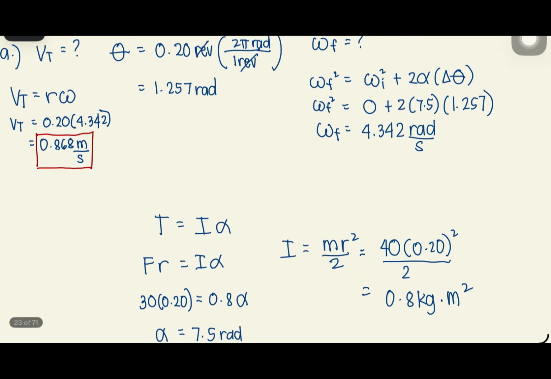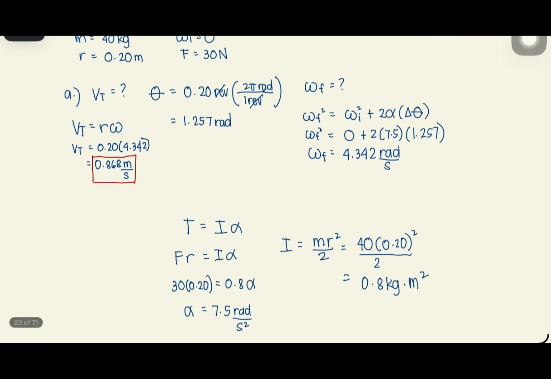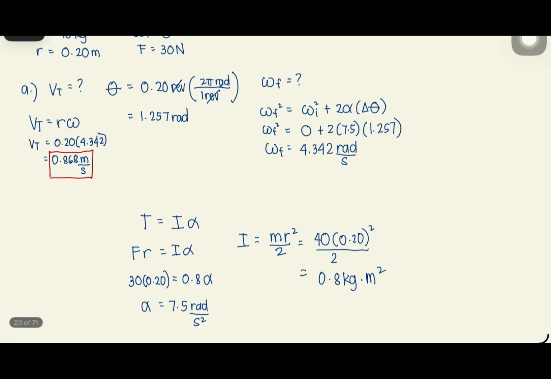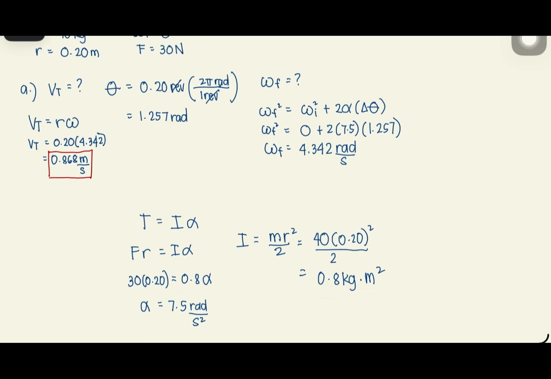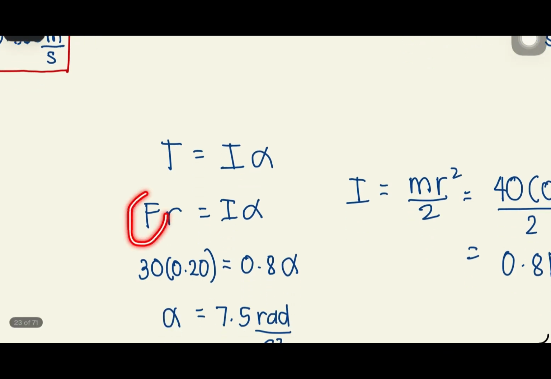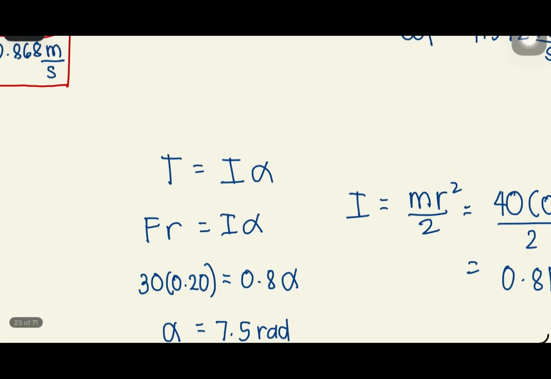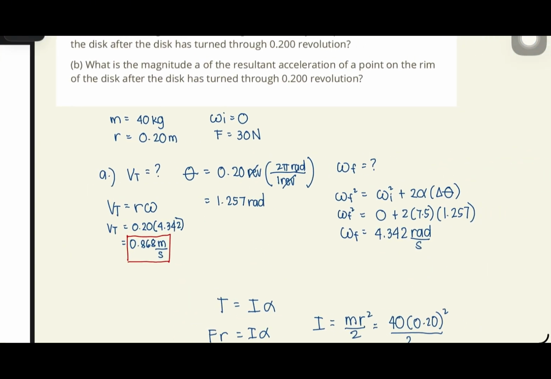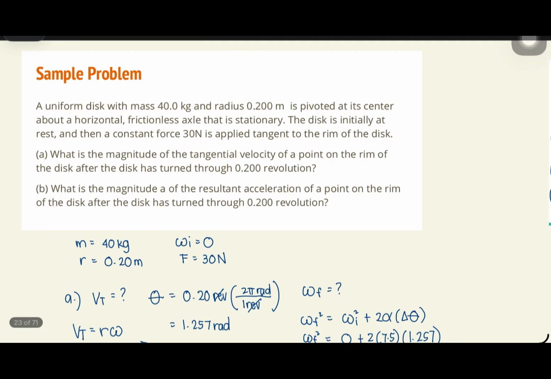So, then, next, yung variable m natin given, yung radius ng disk is 0.20. Makukuha natin class yung I equals to 0.8 kg meter squared. Then, ano naman yung torque? Using yung equation ng F times the distance from the axis of rotation. So, yung given na F natin is 30. Yung R dito is 0.20. So, paano natin nasabing 0.20?